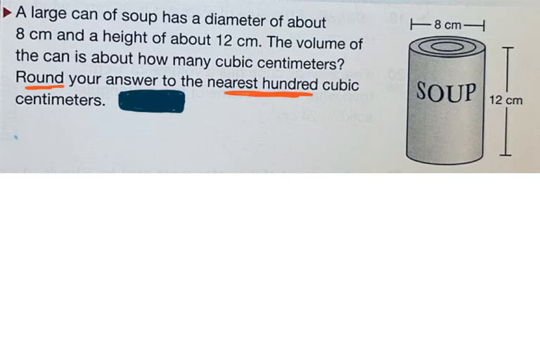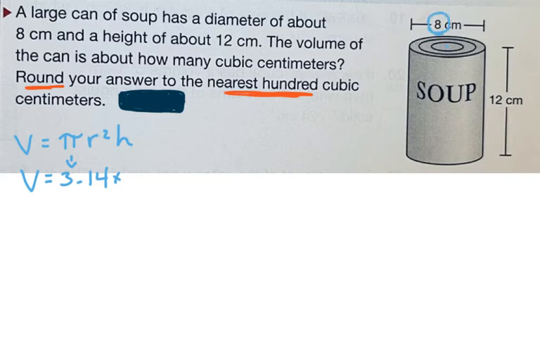So we know that volume will be equal to pi times radius squared times the height, right? So here we go. Let's try this time to just fill in. Pi is 3.14. Now we need the radius. We know that the diameter is 8.